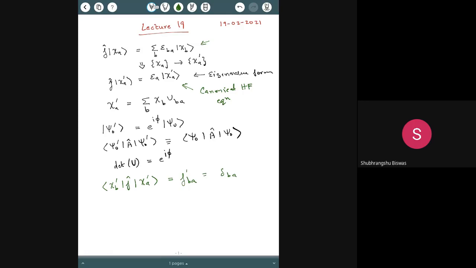So this solution, the set chi A prime, satisfies the variational equation, and it also satisfies diagonality of F. So an additional condition has been imposed to make the equation more easily solvable.